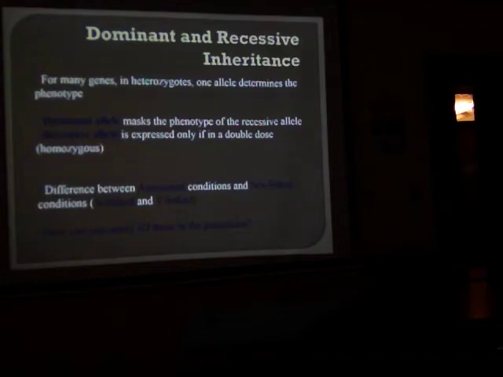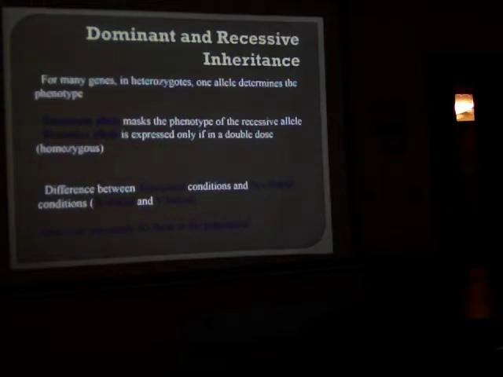How does this influence what it looks like on you, how you act and behave, and what diseases you have? So here's where we coin this idea of dominance and recessiveness. Dominant alleles, remember that's a symbol for the variant in the gene, dominate the phenotype. It doesn't mean they're the most common in the population; it means they dominate the phenotype.